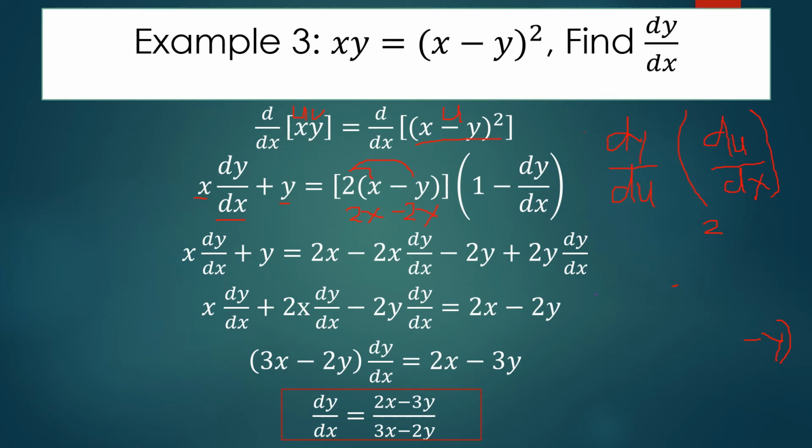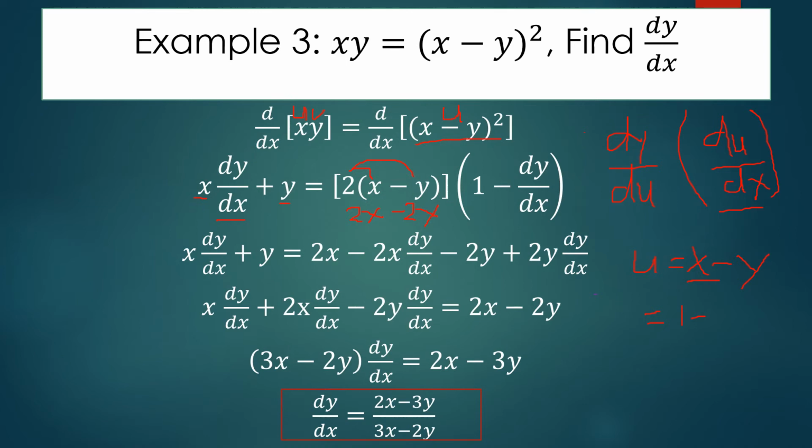Next, get the derivative of u with respect to x. Okay, so our u is equal to x minus y. Okay, so kunin natin yung derivative. It is equal to, anong derivative ni x? Ang derivative ni x is 1. Minus the derivative of y is also 1.